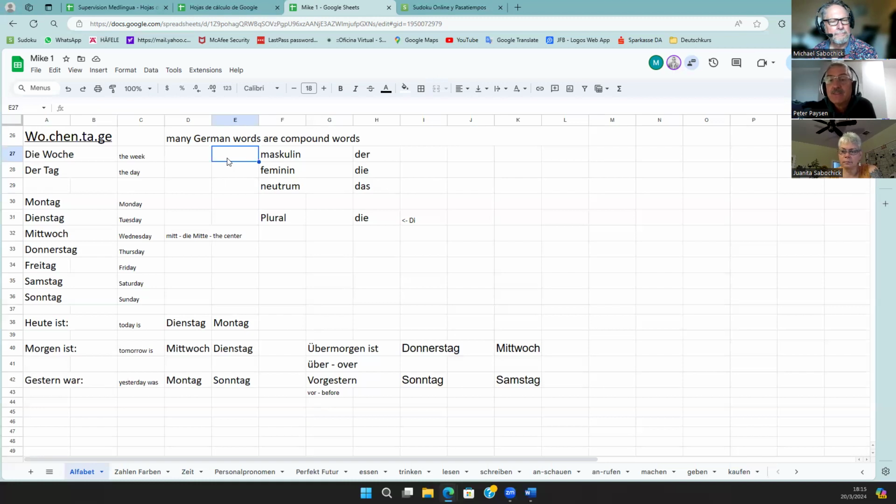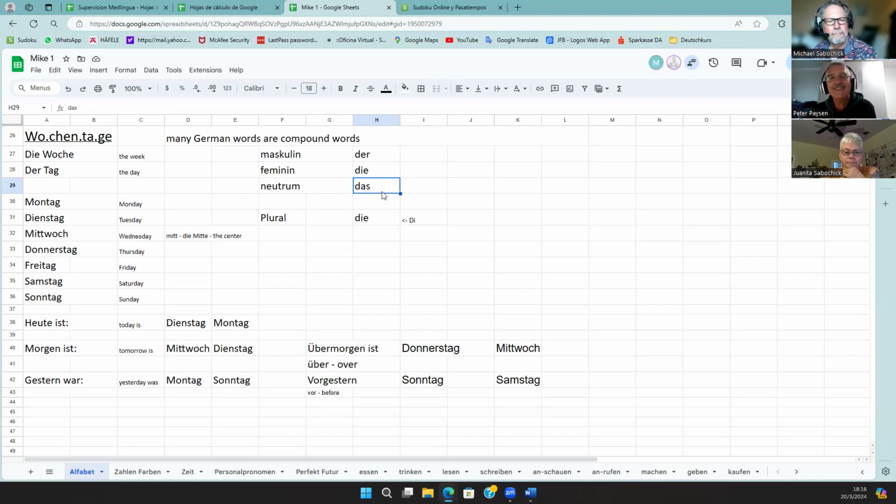Now, in German, and this is where people really get messed up, in German, you got three articles. You got the male article, the masculine, which is der. And you got the feminine, which is die. And you got the neutral, or neutrum, which is das.